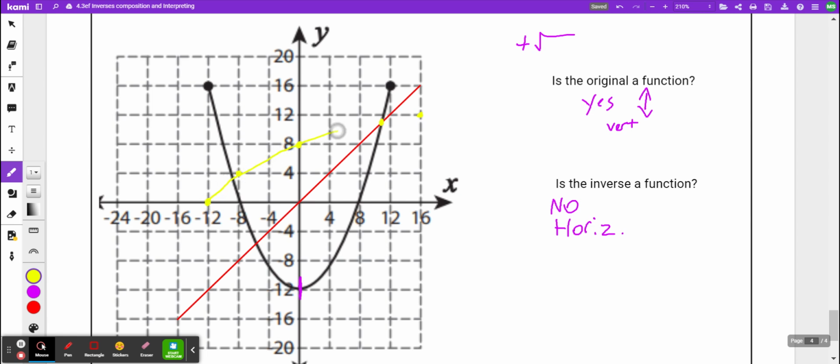If I draw this in, I should get this, where I limit. Now let's write this in.